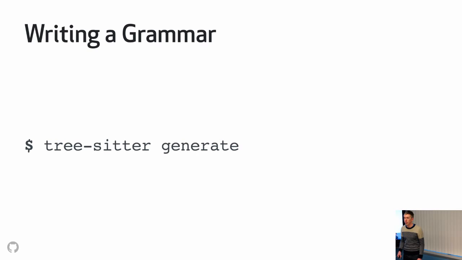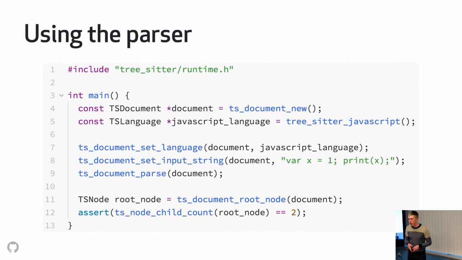It exposes a simple object model where you make a document and set the language on the document. The language is the struct that's exported by this generated file. Then you can parse code and access the root node of your document, and use this kind of minimalistic tree API on it.